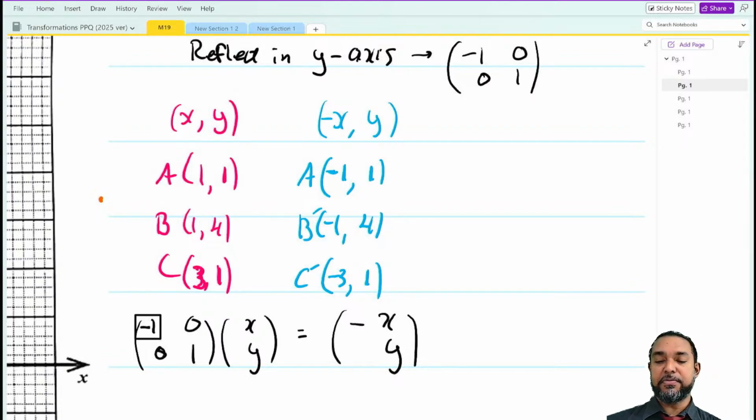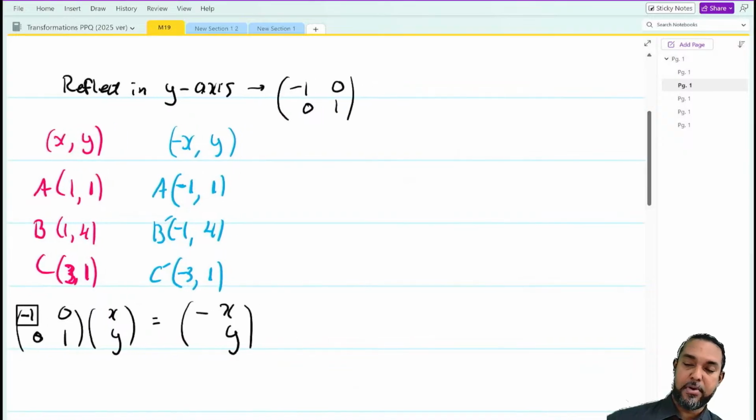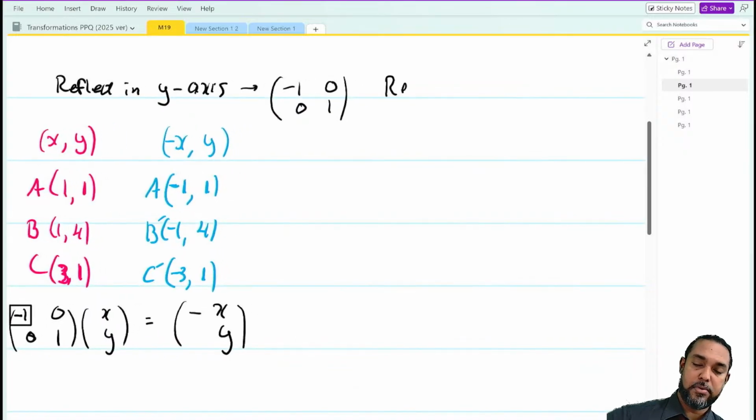Now, when you're reflected in the y-axis, the x-coordinates change, but the y stay the same. What do you think would happen when you're reflecting in the x-axis? What would change and what would stay the same?